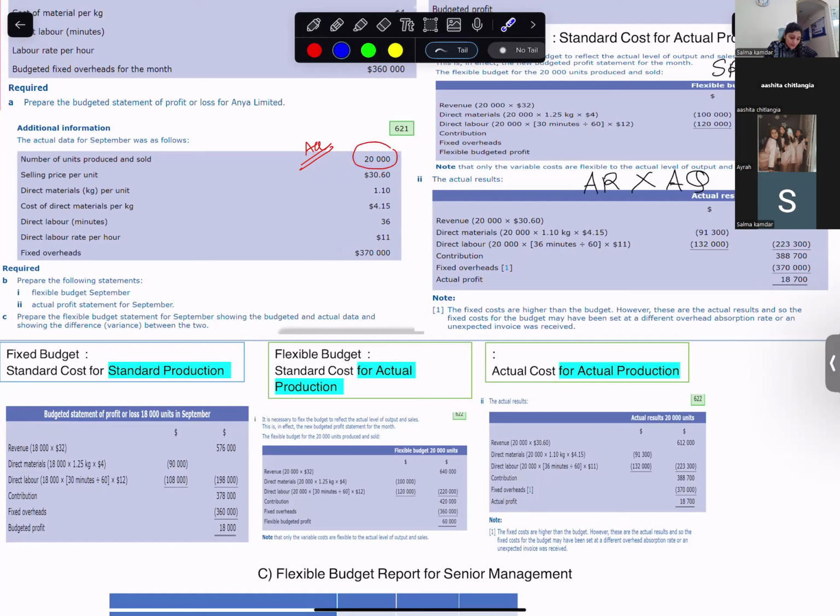So your revenue would be 20,000 into 30.6. Direct material 20,000 into 1.10 into 4.15. Direct labor 20,000 into 36 divided by 60 into 11. And fixed overheads is 370. This is your actual profit.